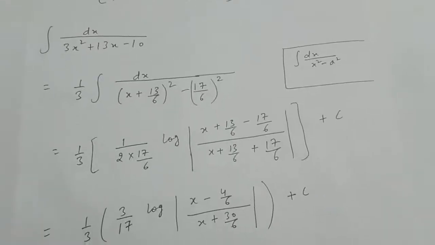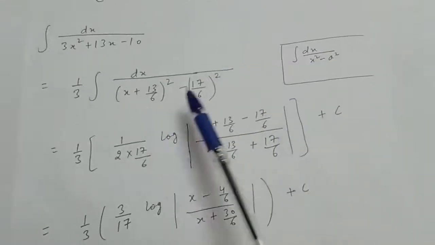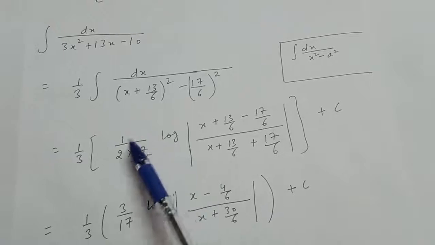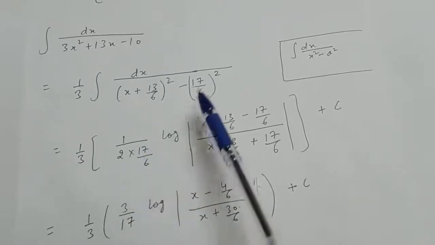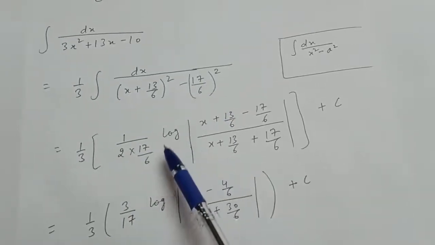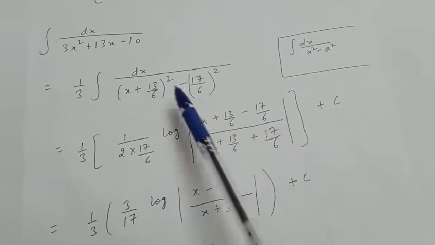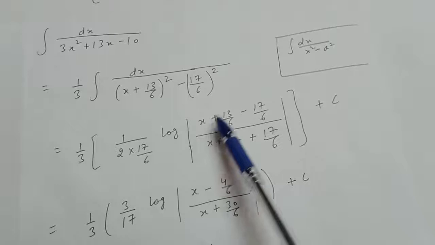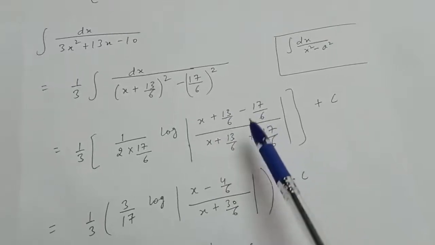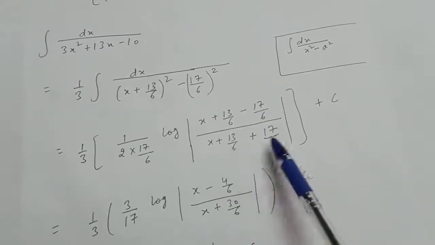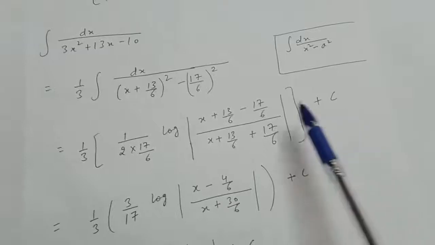So the integral of 1 upon x square minus a square is 1 upon 2a, where a here is 17 by 6, into log of x minus a upon x plus a, plus c. Now x is this complete x plus 13 by 6. Now solve this.